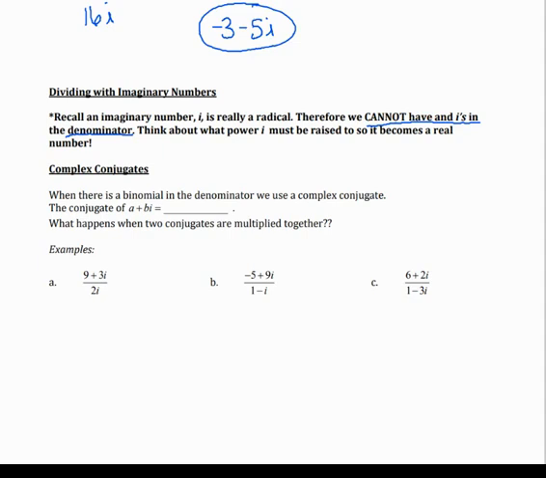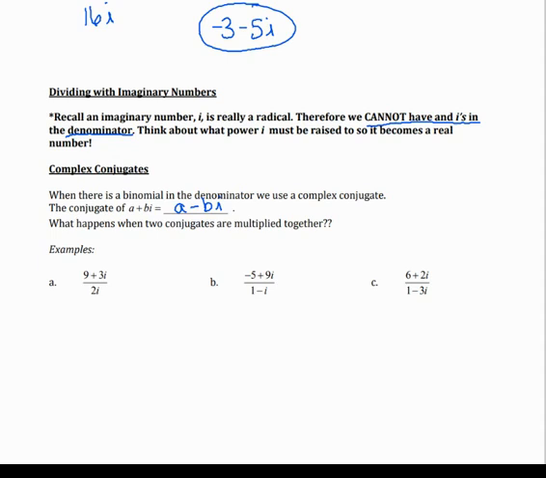So we have to clear that. When there's just one term, it's very straightforward. When there's two terms, we have to use something called the complex conjugate. The complex conjugate means that if I have a complex number a plus bi, then I need to multiply by a minus bi. So just the middle term changes signs.